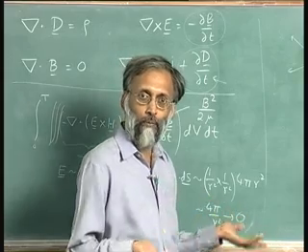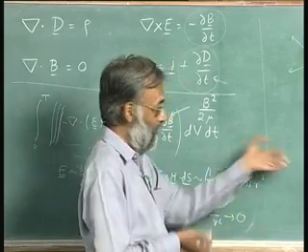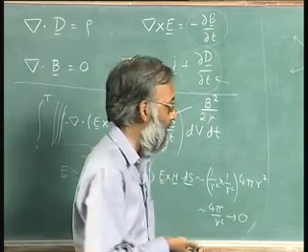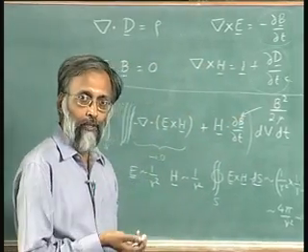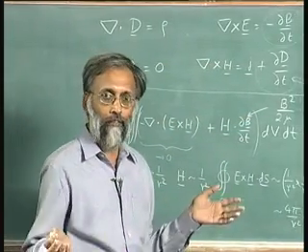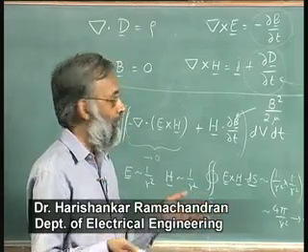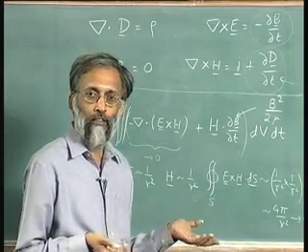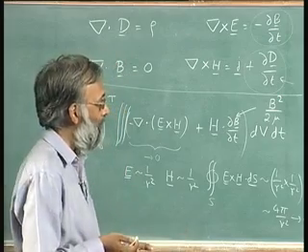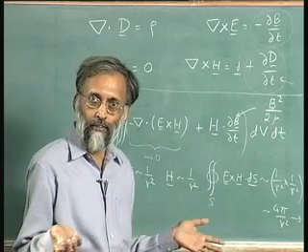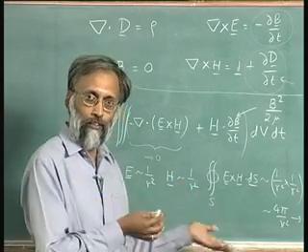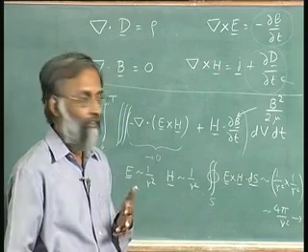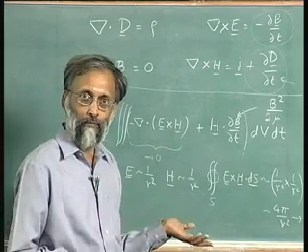Optics just became a special case, and because of that we were able to generalize optics. We were able to say maybe there is an optics that works at larger wavelengths. Maybe the wavelength of light does not have to be a millionth of a meter, maybe wavelength of light could be 1 meter. If the wavelength of light were 1 meter, what would its frequency be? And that is where radio waves came from.